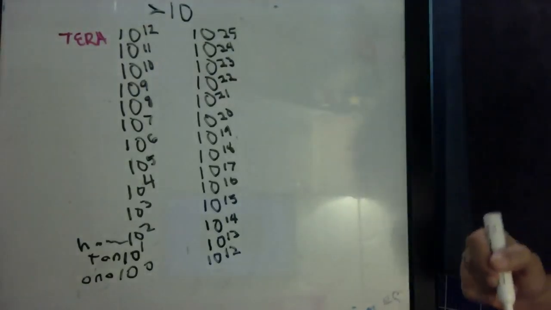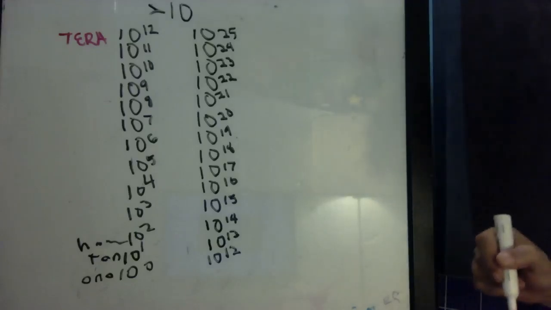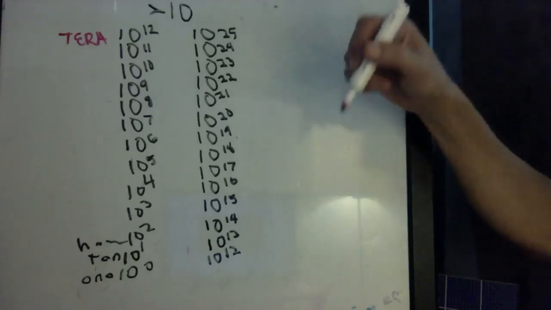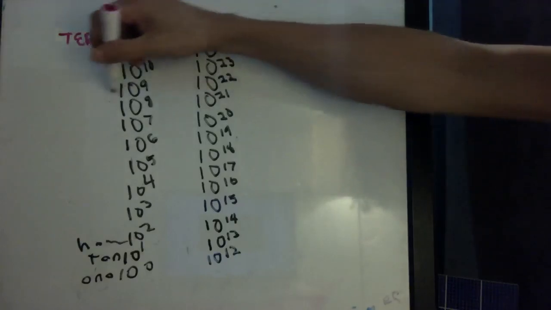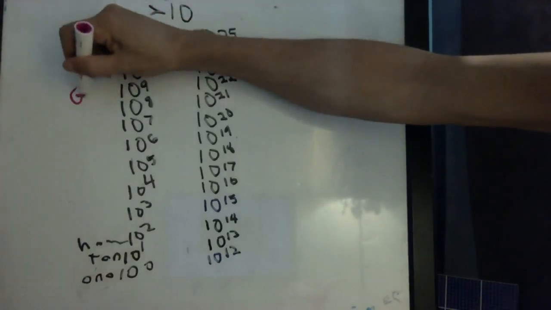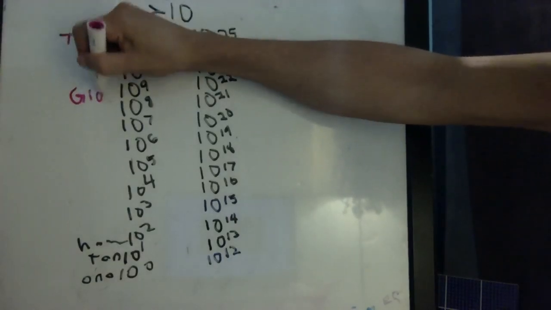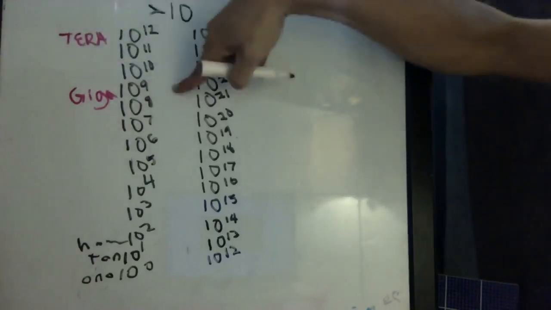We'll put tera over here. See, because somebody's got to teach them, and nobody does. Now we come down all the way to the 9th. Where are we? Right there. This is gigabytes. Now look at the difference between giga and tera. And then you're going to go up to petabytes.